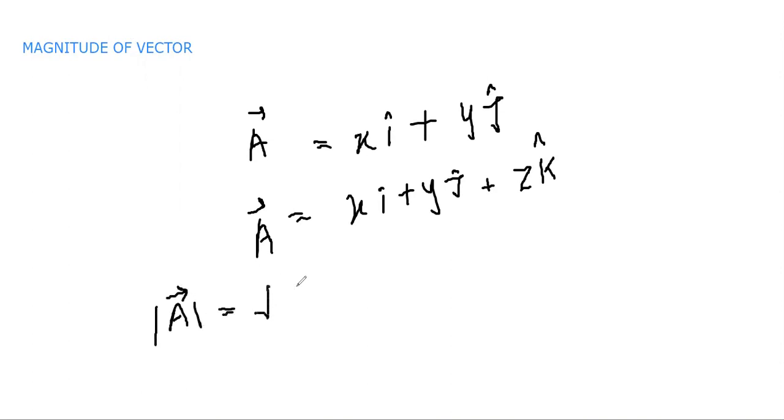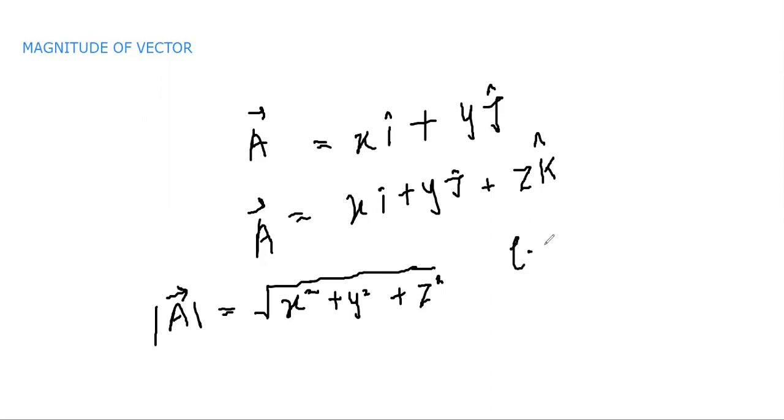To find the magnitude, you have to square these components, that is x square, y square, z square, add them and take the square root. This is the way you find the magnitude of a vector.